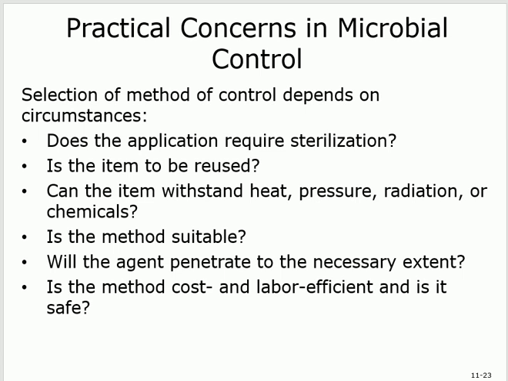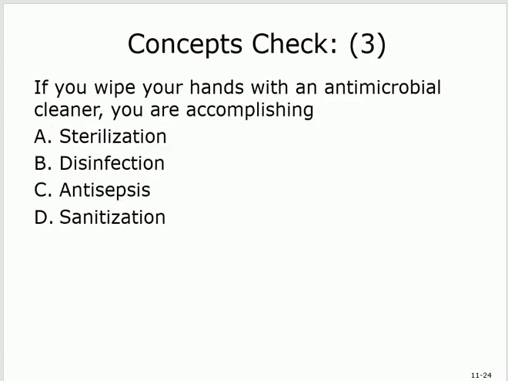Can the agent penetrate the membrane, if we're talking about this specific microbe versus others? Cost-benefit relationship is another thing. It will cost me this, and this is the benefit. I have to make sure that the cost-benefit is fine.